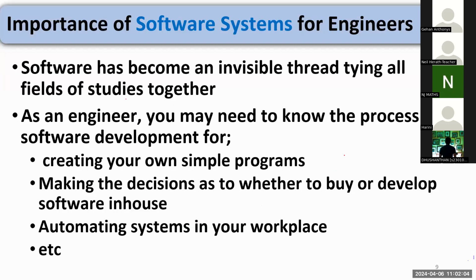Okay. So why do we actually need software systems for engineers? Not only computer engineers, other engineers as well: mechanical, civil, electronics, electrical, mechatronics, bioengineering maybe. So why we need software systems for engineers is important. Software is now extremely widespread, and software tools are used in almost every area.